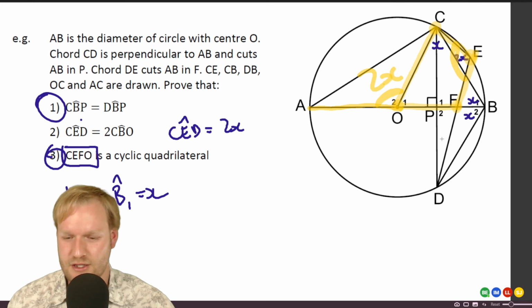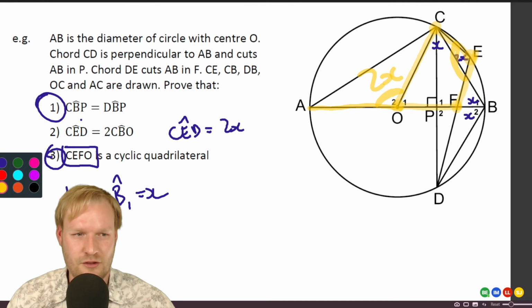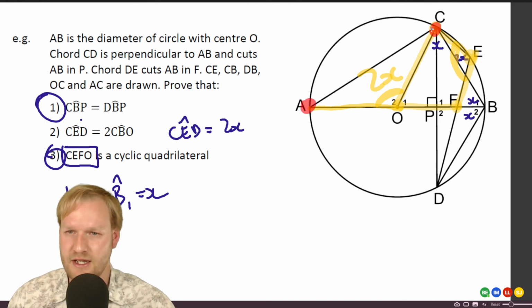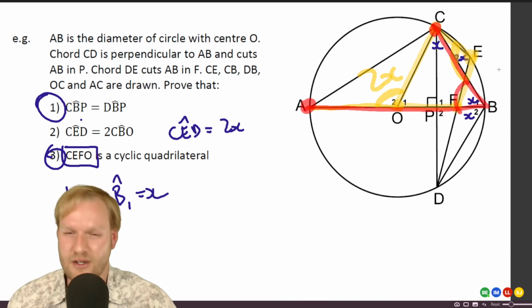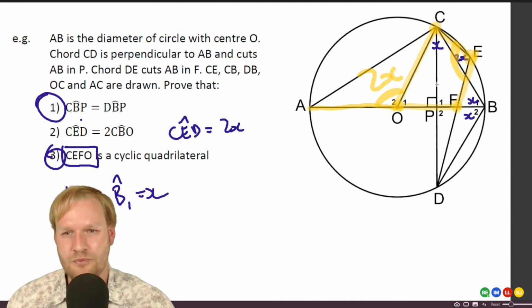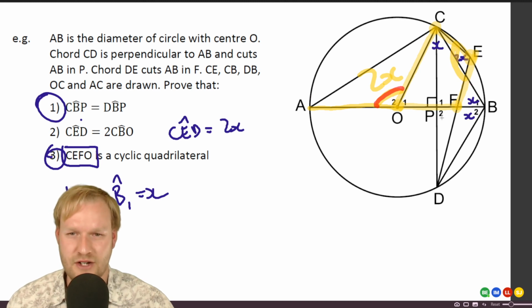Well, if we go from A and C, we've got an angle at the center, and we know that the angle at the center is twice the angle at the circumference. So then that works. We could use that reason to say O2 equals 2x, angle at center is twice angle at circumference, therefore cyclic quadrilateral because exterior angle is equal to opposite interior angle.